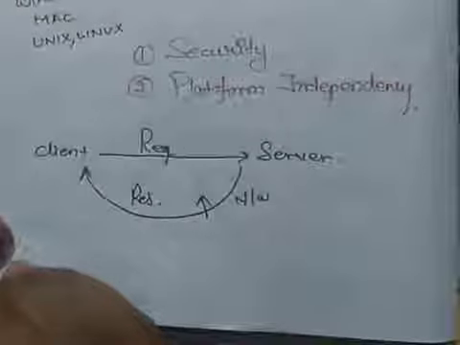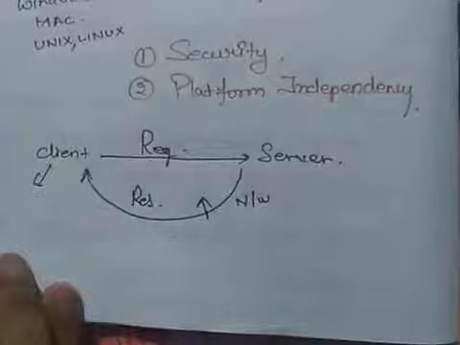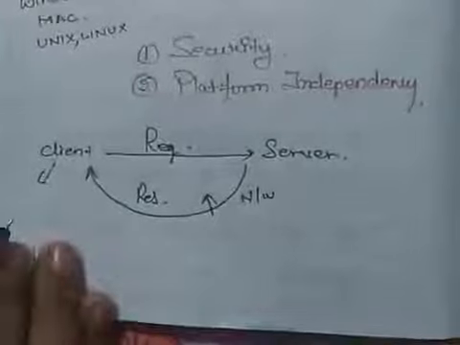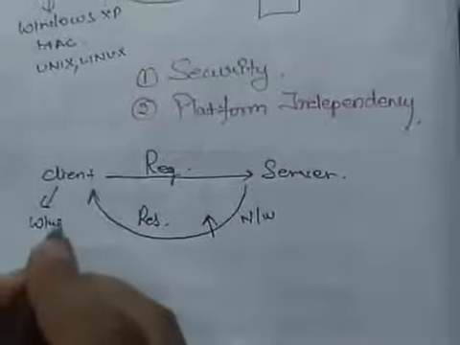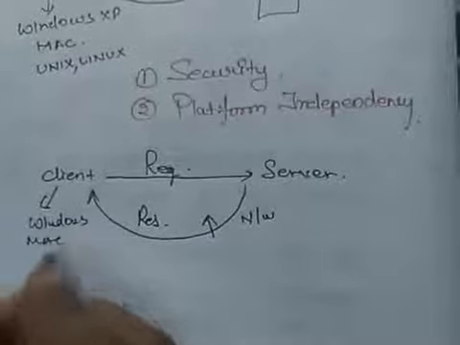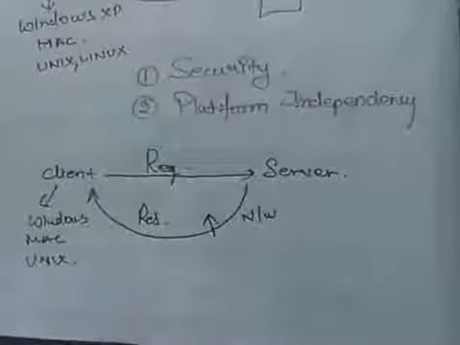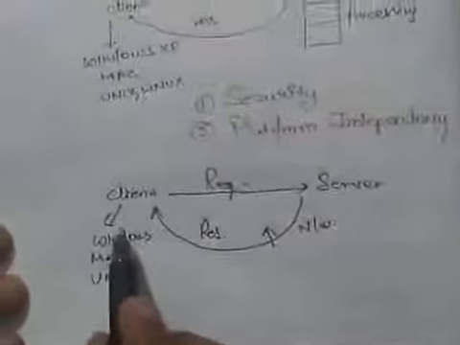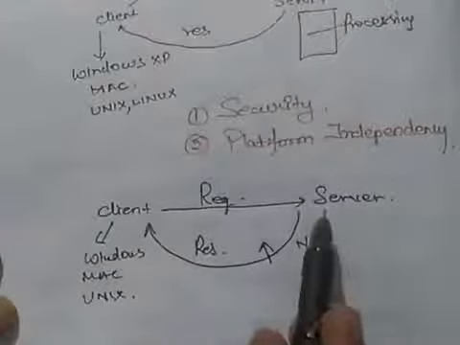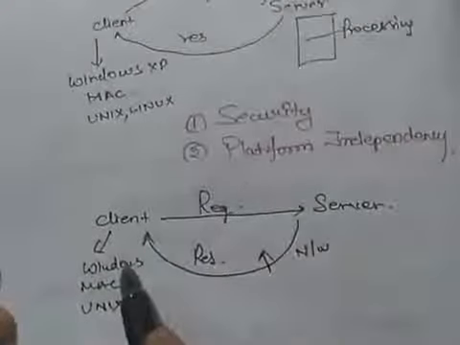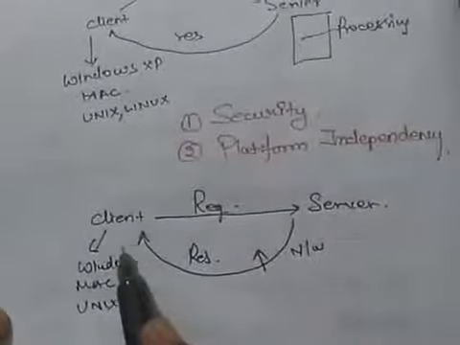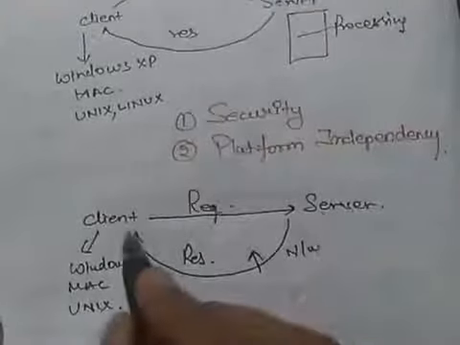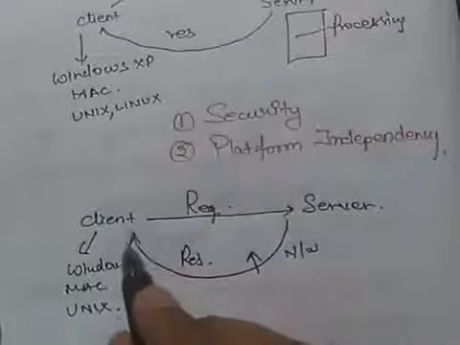As we know, the client is your machine, and on this machine we have different types of operating systems. We have Windows, we have Macs, we have Unix. The request goes from clients to server, and from which machine the request is coming is the main problem, as the server does not recognize the machine.